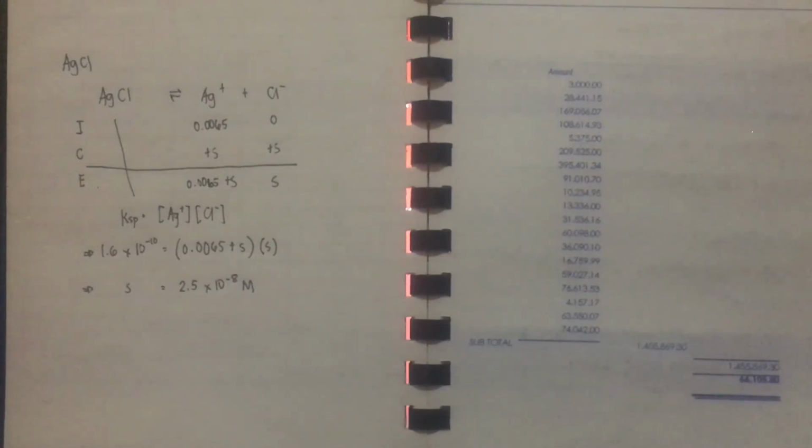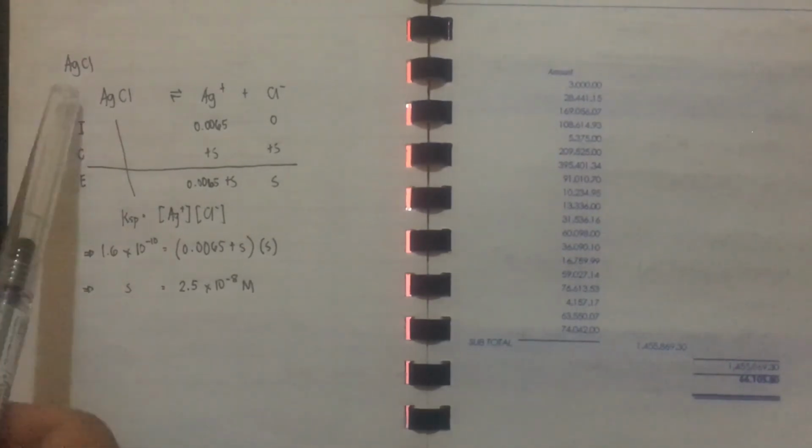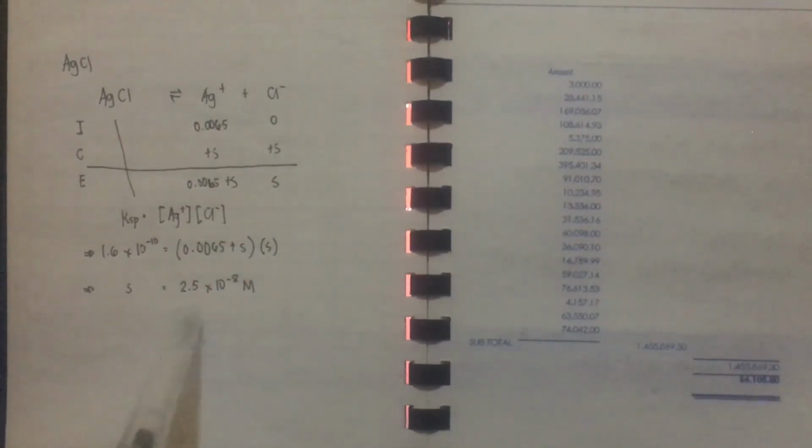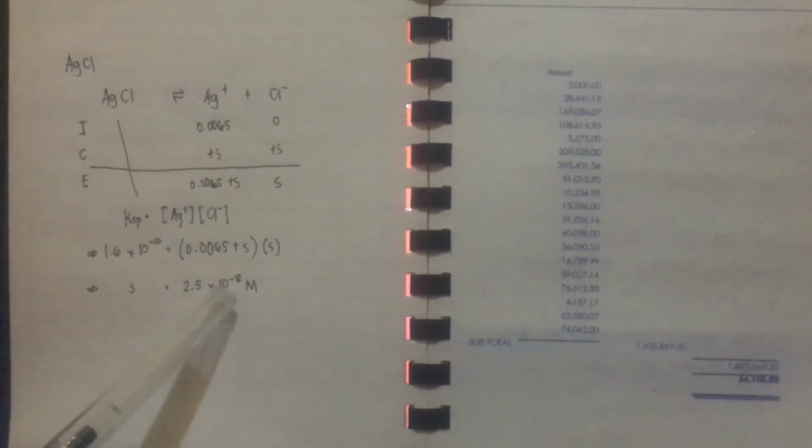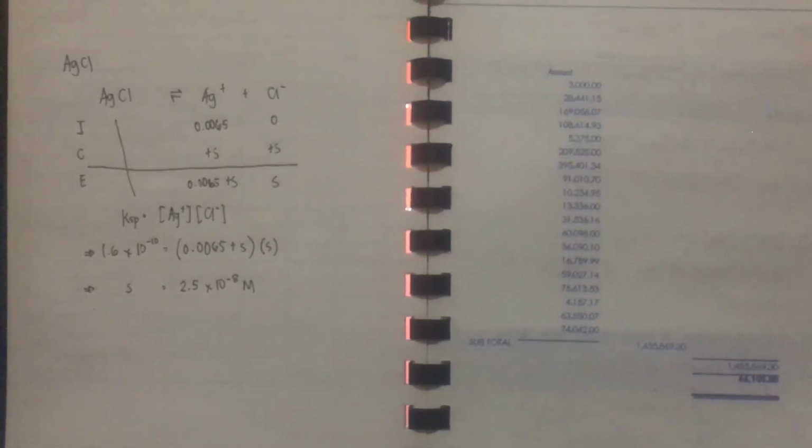If you tried to get the molar solubility of silver chloride in just pure water, the silver ion concentration would be 0. Then compare it with the molar solubility in this solution of silver nitrate, and you'll see that the molar solubility of silver chloride in silver nitrate solution is much less than the molar solubility in pure water.